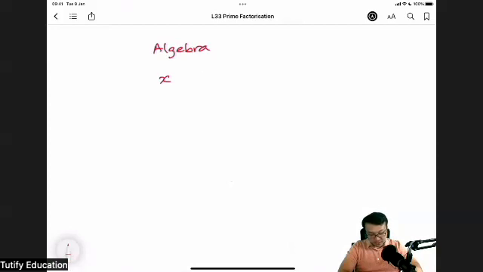If you write X, Y, what does it mean? When you write two alphabets side by side, it actually means multiply. It means X times Y. If you write A and B, it means A times B.